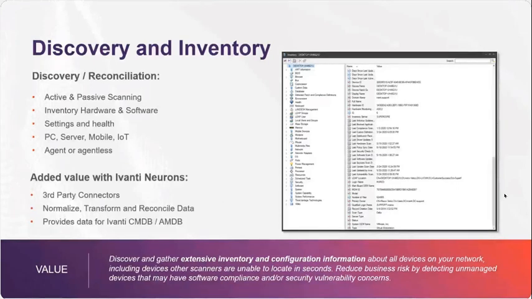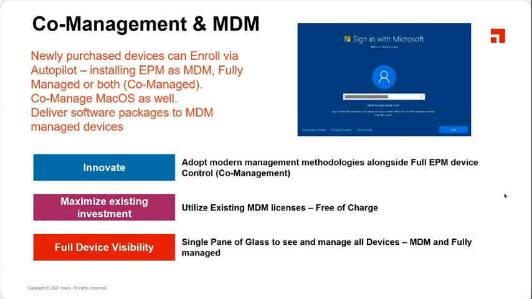With that inventory management, we're picking up all the hardware and all the software, any software installed, and also settings and some health related aspects about that machine. We're inventorying it into this console, which we can then use to report on and take actions as we need to. So that's the traditional way of discovering and managing these devices.